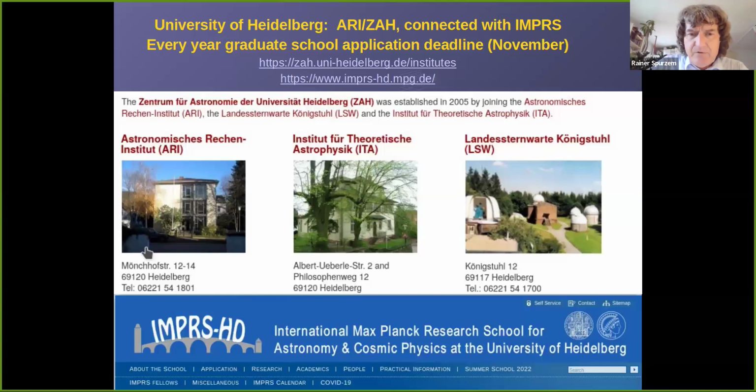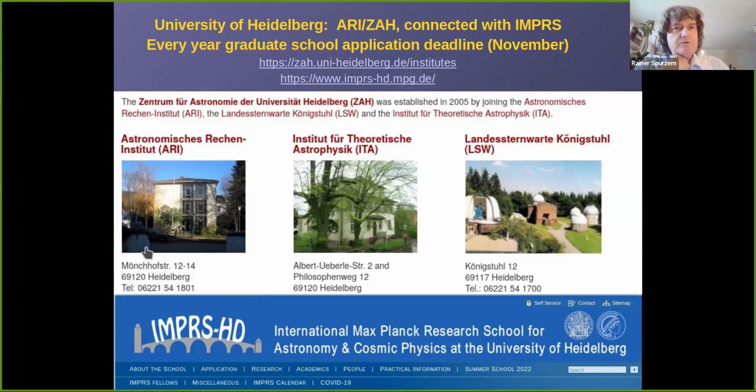Now, a few words to the institutes, these three affiliations, just in case it's not to everybody very well known. University of Heidelberg is my main German affiliation for many years. It is a small German town, but has a lot of astrophysics. You see here the three institutes: the Rechen Institute, the computing institute, which I am coming from, the Theoretical Astrophysics Institute in the university, and an observatory. Then there are also Max Planck Institutes.